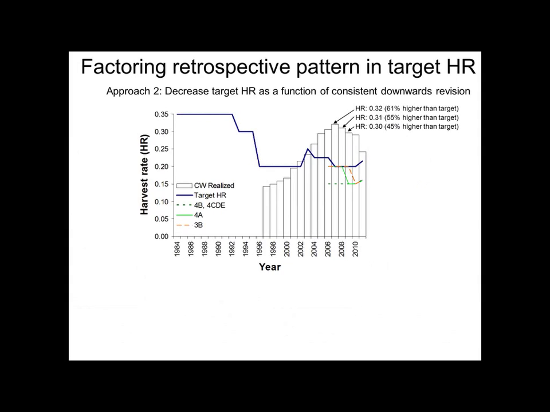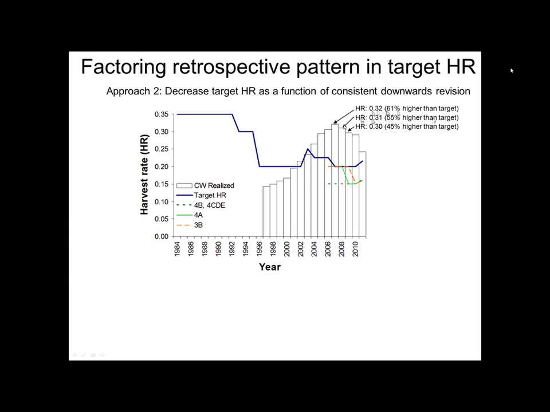The second approach is to look at the departures between the realized harvest rates and the target. This incorporates other things, such as changes in the implementation of the target rate itself and implementation errors on catches, but the two approaches are overall very similar. Here we take the highest departure we've seen so far: we intended to fish at 0.2, and as of this year we estimate that we've been as high as 0.32, which is 61% higher than the target.